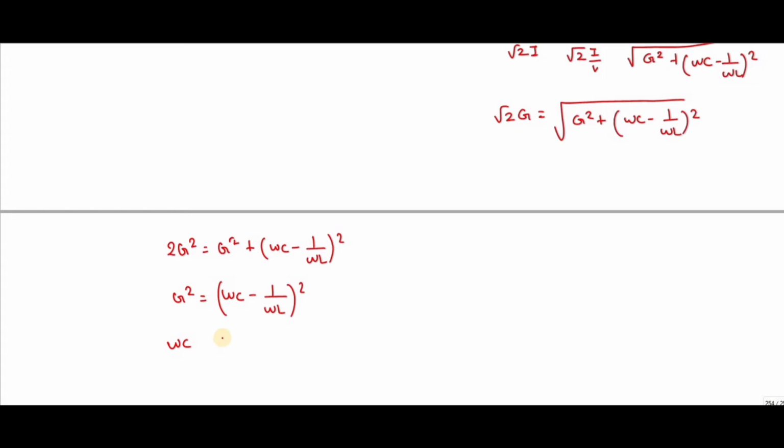So I can write omega C minus 1 divided by omega L is equal to plus or minus G. So this I can write as omega 2 C minus 1 divided by omega 2 L is equal to G. So this is your third equation, and omega 1 C minus 1 divided by omega 1 L is equal to minus G. This is your fourth.